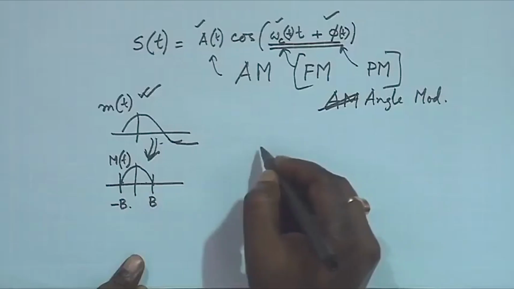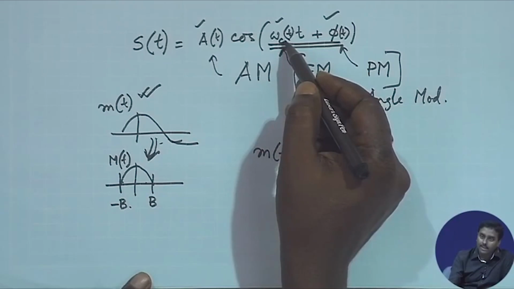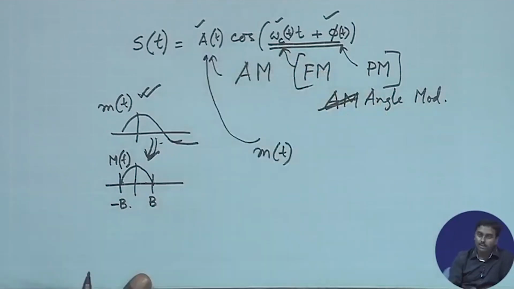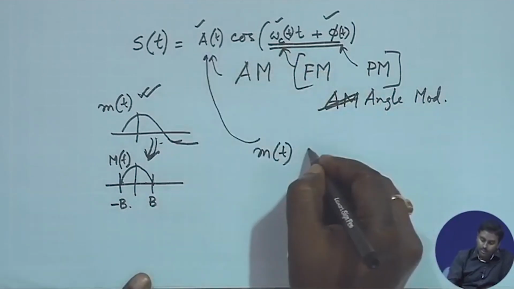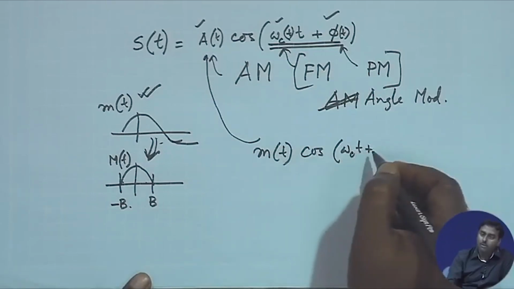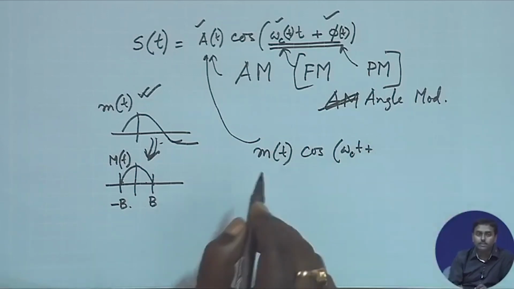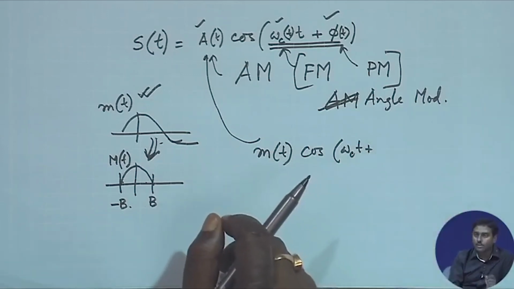Now, we have to design a system which does modulation. The first way of doing modulation is using the frequency shifting property of the Fourier transform. If I have m(t), we have already said that it should be carried by the carrier. So, m(t) must come over here. My modulation must look like m(t) cos(omega_c t + phi), with some constant phi, which must not be time varying, because we are just putting the message in the amplitude, not in frequency or phase.